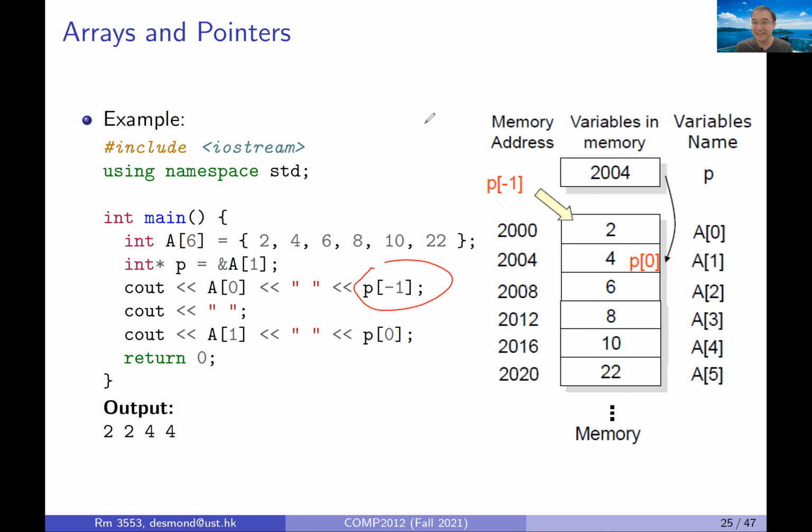One thing that is really good for Sing is that Sing would help you check out of bound access. For example, if you have installed VS Code on your laptop, then you should be able to use a G++ compiler. But it doesn't mean that VS Code would help you check out of bound access.